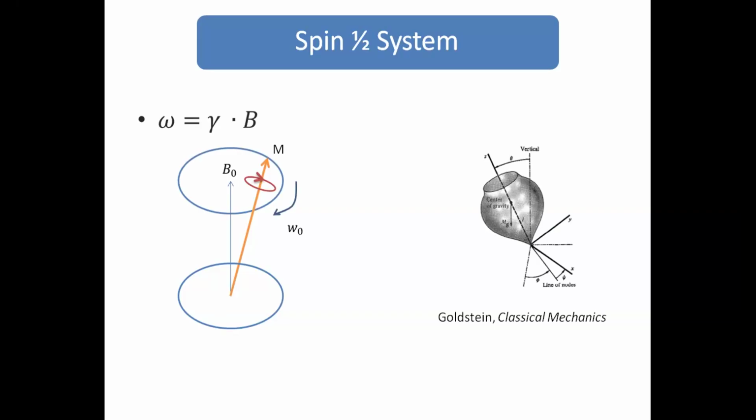This frequency at equilibrium will be shown by omega 0, and when it is not in the equilibrium state, it is shown by omega. Omega is represented by gamma into B, where gamma is the magnetogyric ratio and B is the magnetic field in that direction.